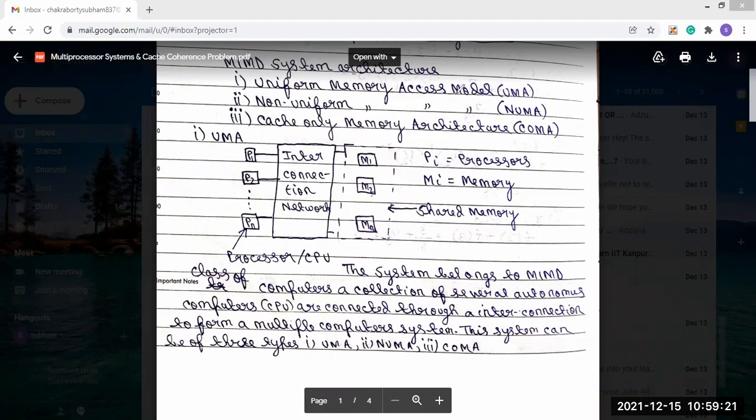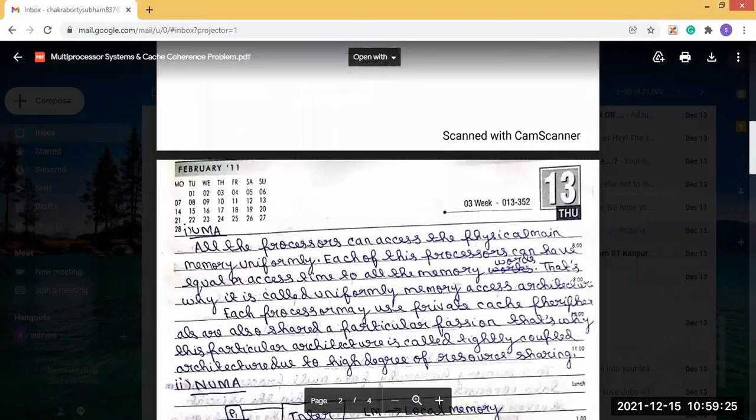That's why it is called the uniform memory access model. Each processor may use private cache and peripherals. That means each processor can also have a cache memory, and these are shared in a particular fashion.